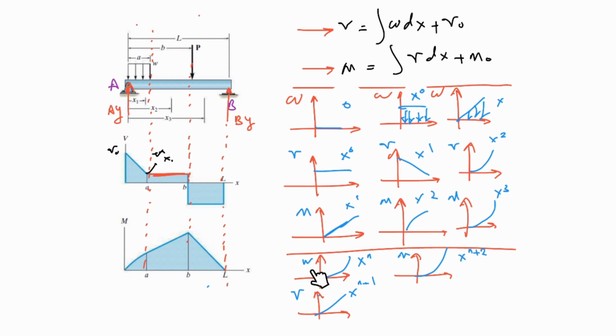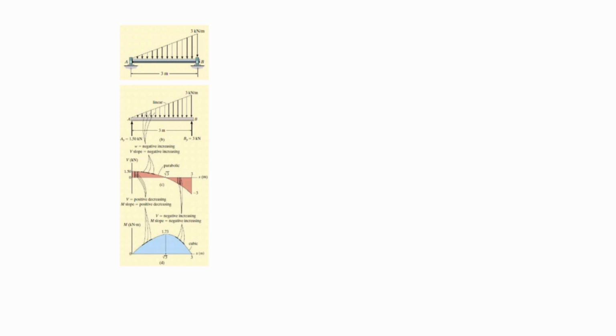In general, we can say that if W is x to the power of n, V would be x to the power of n plus 1, and M is x to the power of n plus 2. Right now I want to review one example with you and try to solve two other examples.